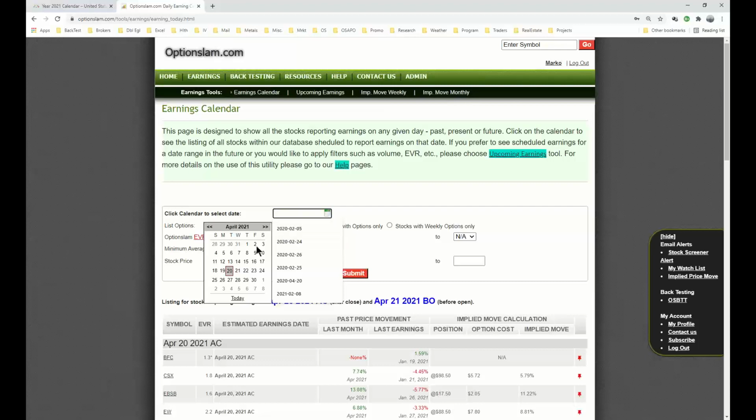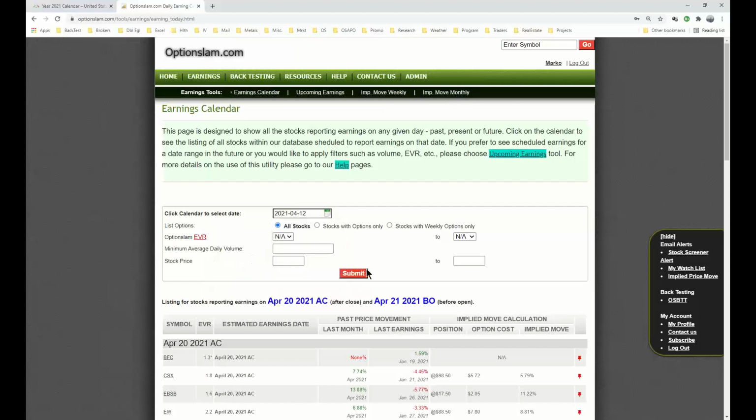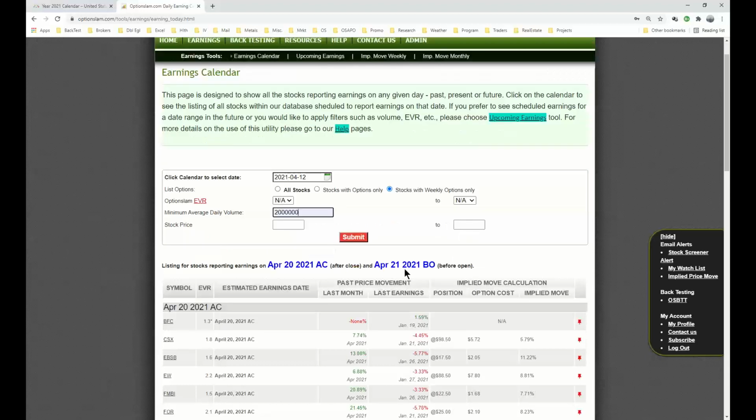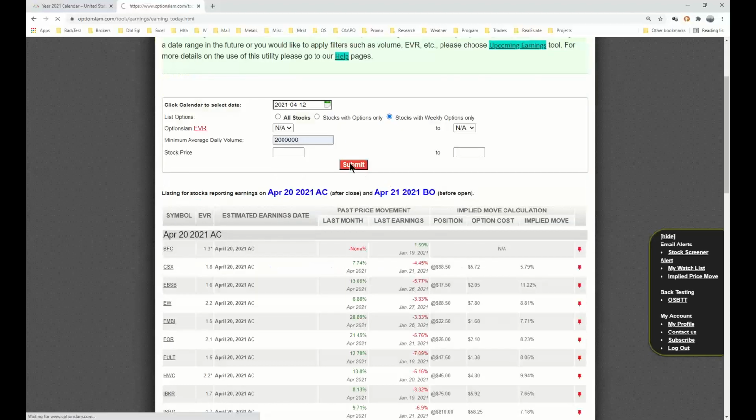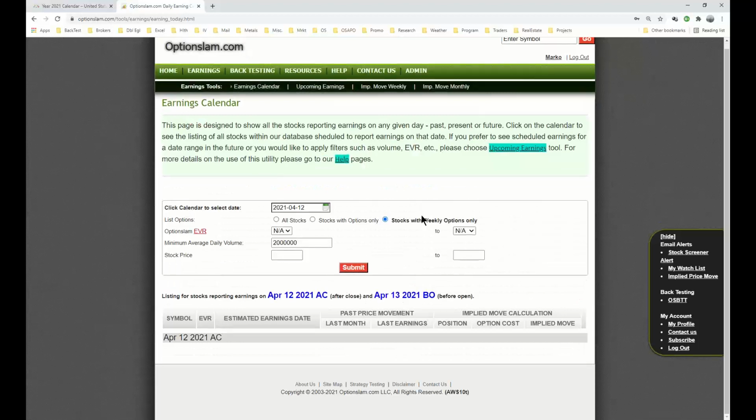And what I did is I went back to last week and I looked at a few simple filters here, and I looked at stocks that had weekly options, and I might have used a $2 million minimum daily volume, just to see who had earnings last week, and nothing came up for that date.